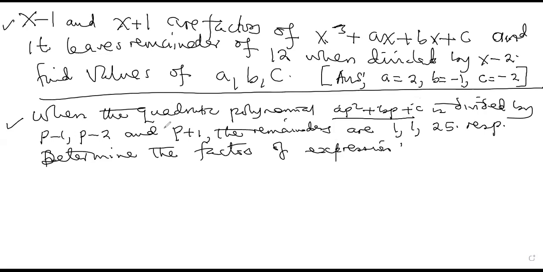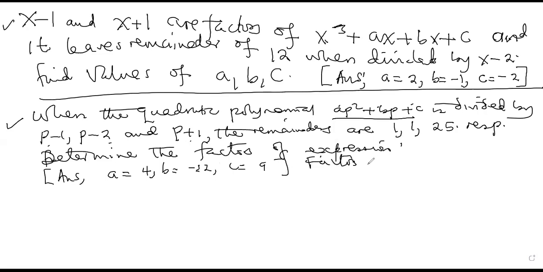So for this case, you're going to first use these conditions they have given you. You get the values of A, B, and C. You get the value of A as 4, the value of B as -12, and the value of C as 9, and you'll get the factors.